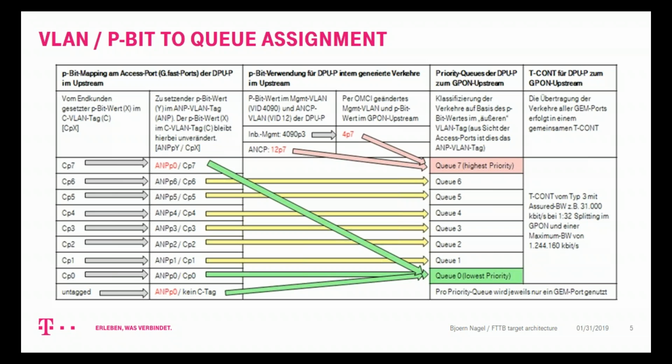Here it is mentioned with type 3 and dedicated values, but don't care about the values. These are subject to change. But the general principle of handling VLANs and P-bits is depicted here. And that's the target thing. Especially for this translation of the in-band management values, that's not realized today, but that will also be addressed later on.